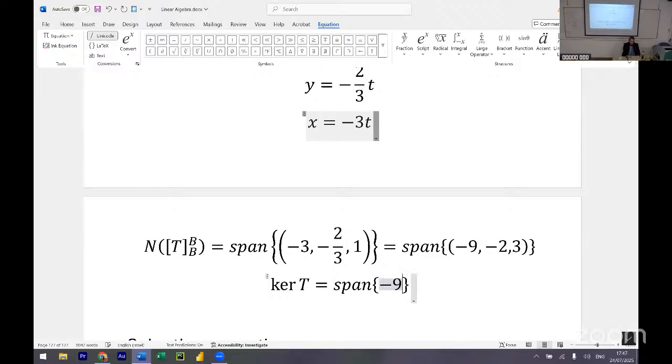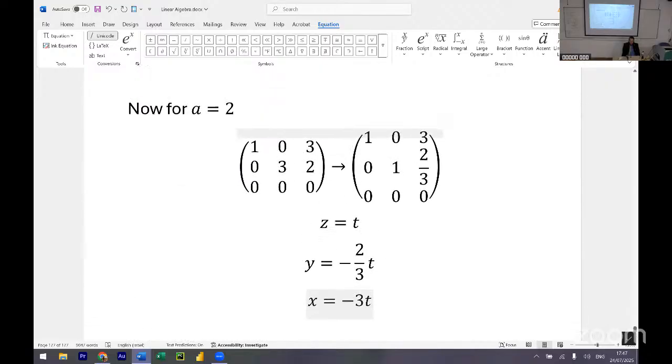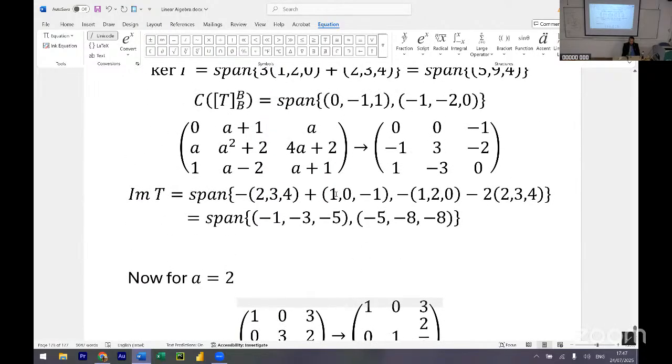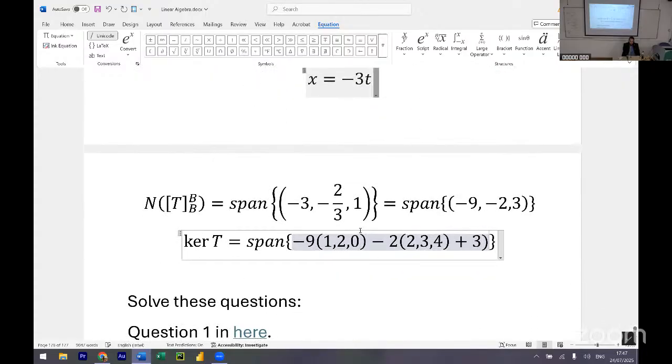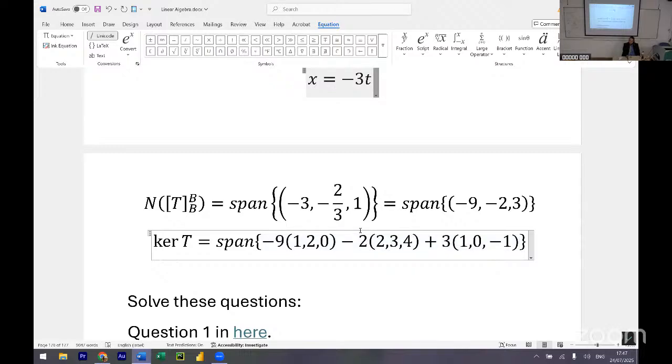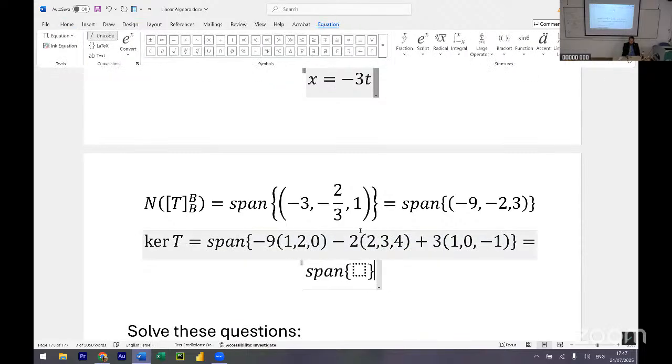So it's -9 times 1 2 0, -2 times 2 3 4, plus 3 times, I never remember the third one, 1 0 -1, which is the span of, now arithmetics. -9 -4 is -13, plus 3 is -10, -18, -6, it's -24.